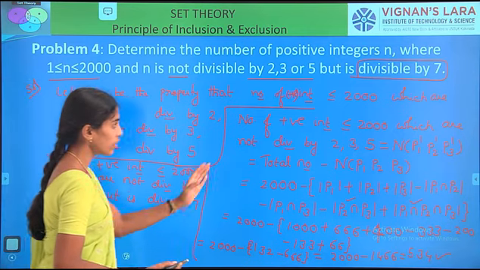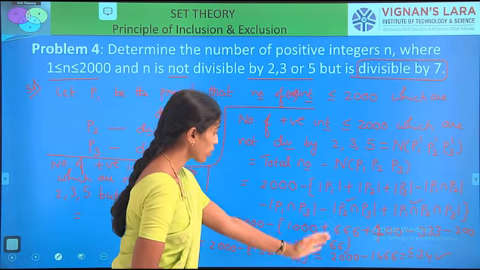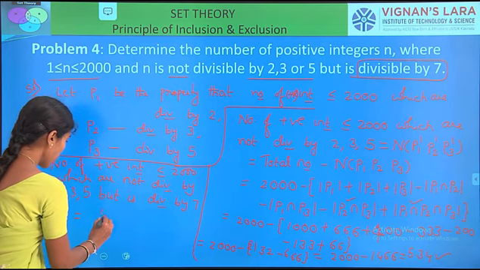Half of the part is already completed. That means the numbers which are not divisible by 2, 3, 5 number 534.